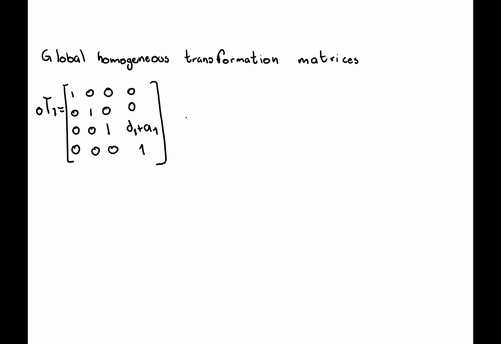Okay, then 0t2 is going to be 0t1 times 1t2, and this is just basically performing the matrix multiplications. I already did this computation, and just for the sake of time, I'm just going to put it down here.